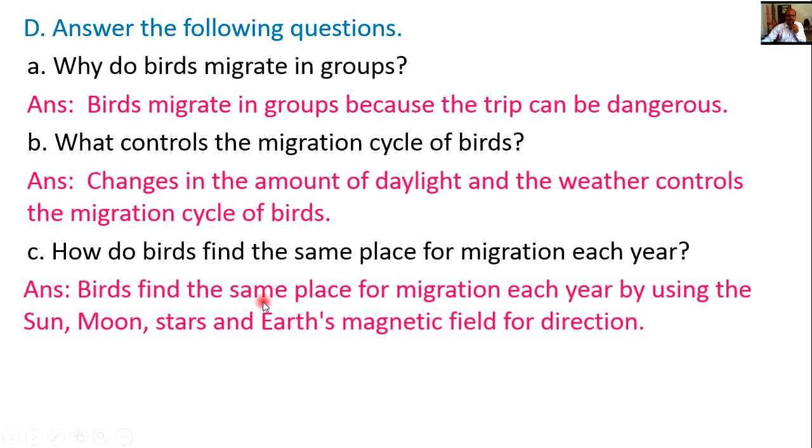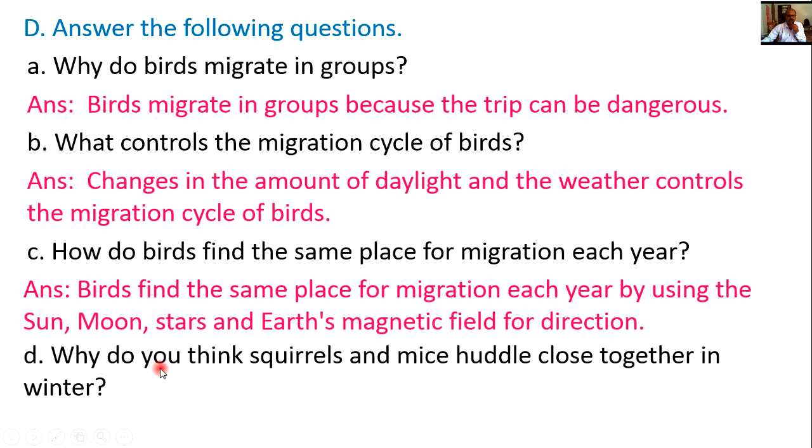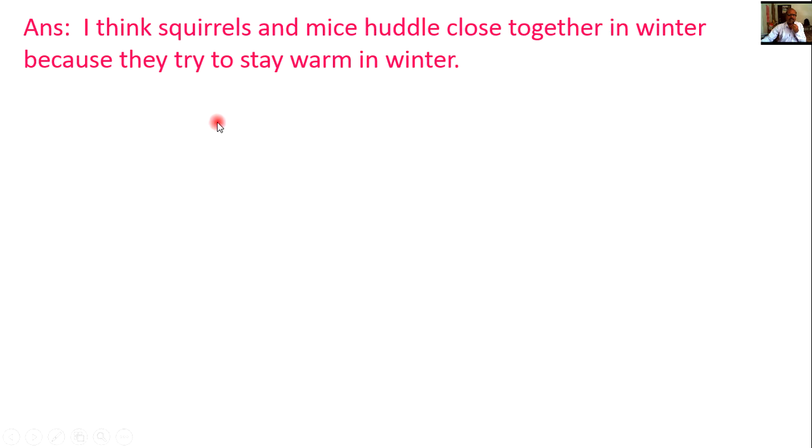Birds find the same place for migration each year by using the sun, moon, stars and earth's magnetic field for direction.